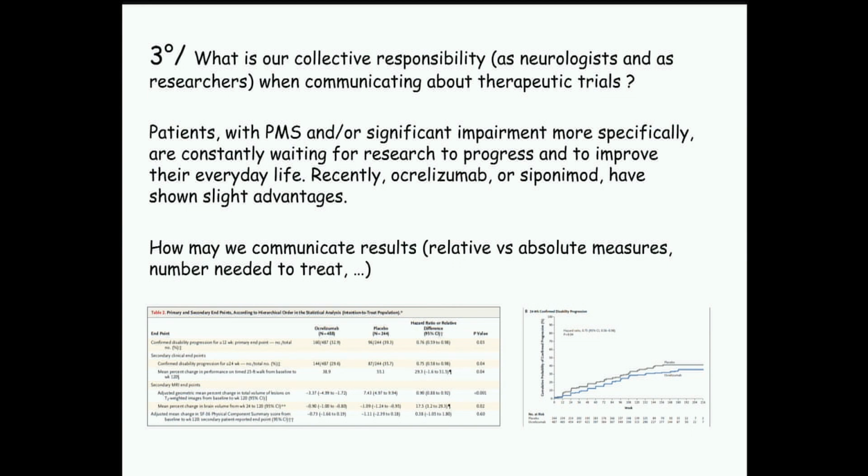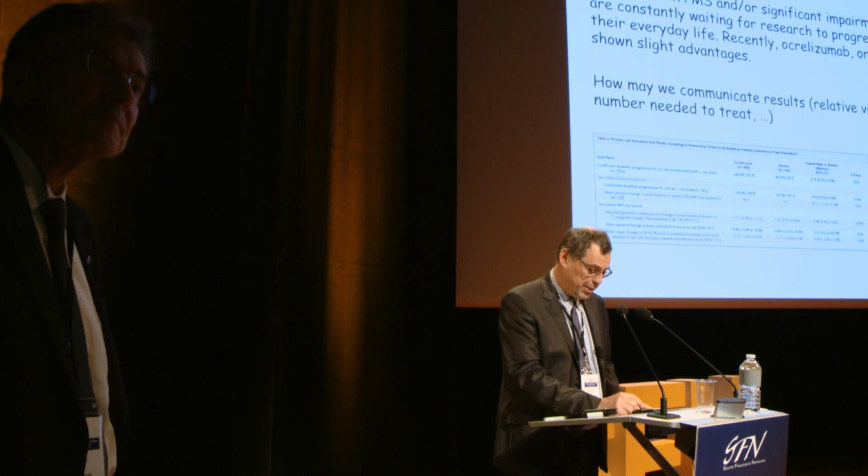And the last, what's here our collective responsibility as neurologists and as researchers when communicating about trial results? Patients with progressive MS or patients with significant impairment are constantly waiting for research to progress and improve their quality of life. It's absolutely not normal. Recently, ocrelizumab and siponimod have shown slight advantages. In PPMS, there's a 6% lower increase of disability for patients with ocrelizumab after 3 years of treatment in comparison with the placebo group.